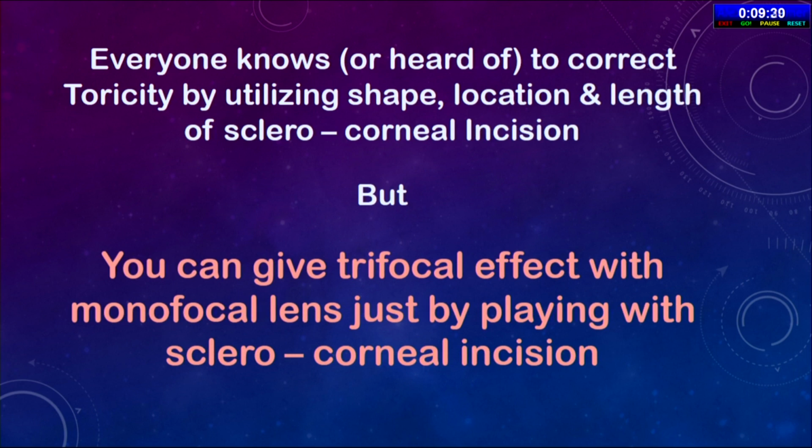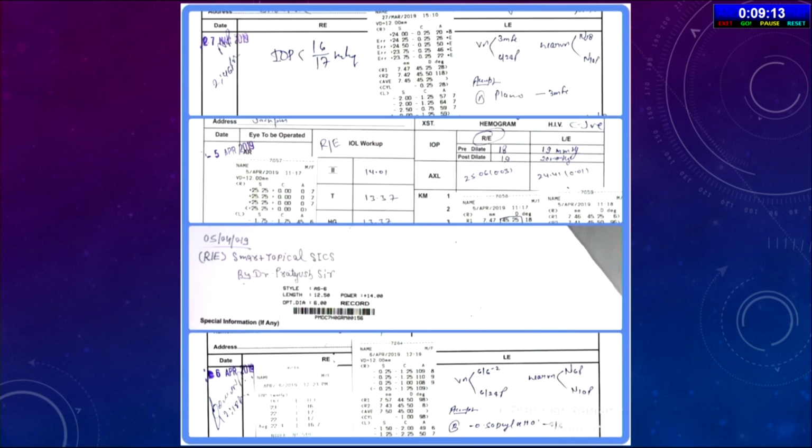For the last 4 or 5 years, many SICS surgeons are trying this. There is a group on Telegram and WhatsApp where we are discussing this, and it is still not very conclusive, but a few are getting results. I am one of them. Many are doing it. So let's start with this March 2019 data.